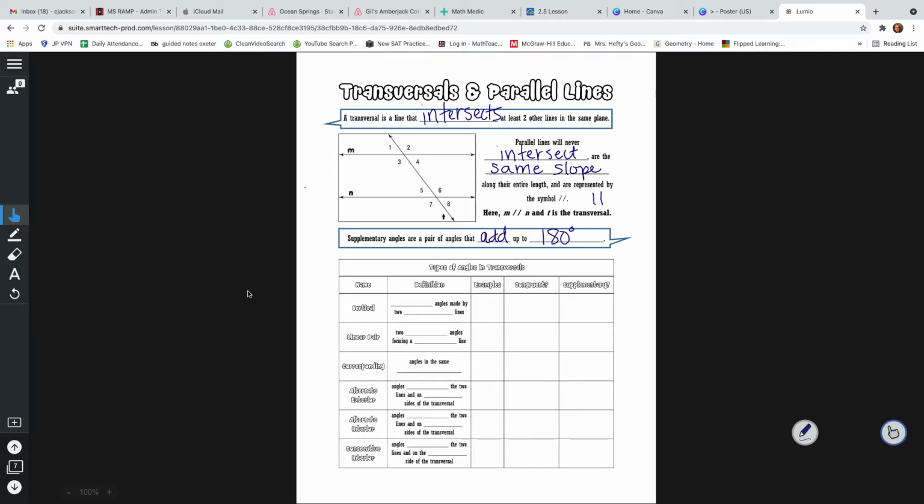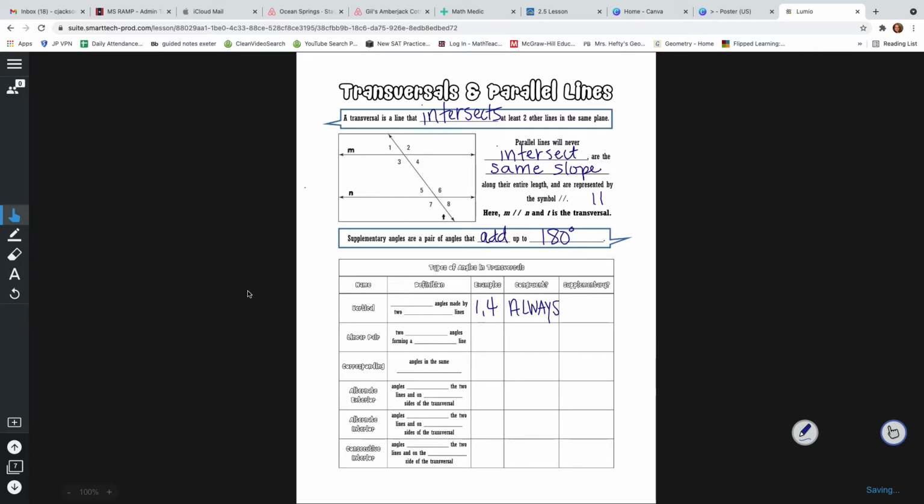When you look at this picture at the top, give me two vertical angles, any two. 1 and 4. 3 and 2. Are vertical angles congruent or supplementary? Congruent. They're always congruent, no matter if the lines are parallel or not.